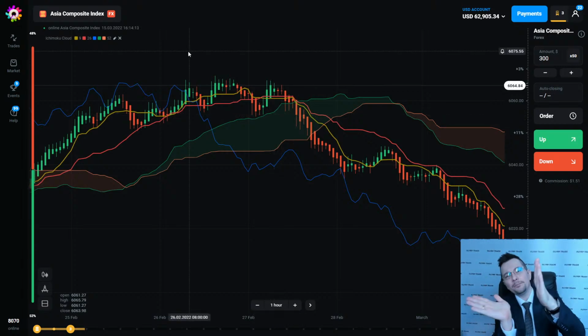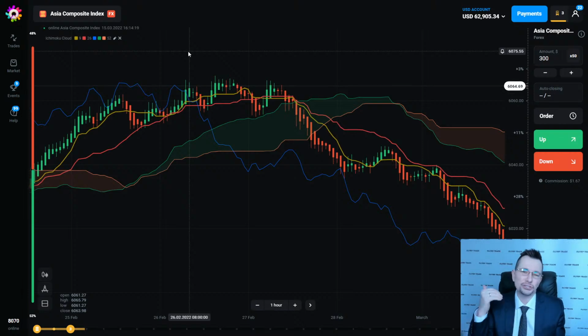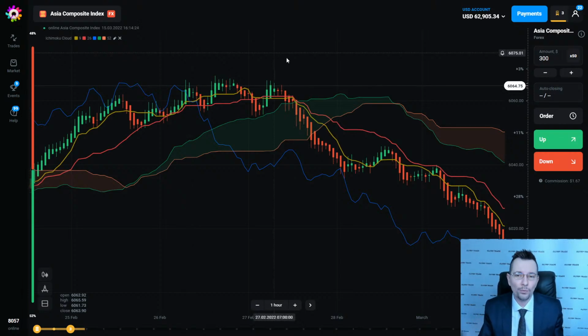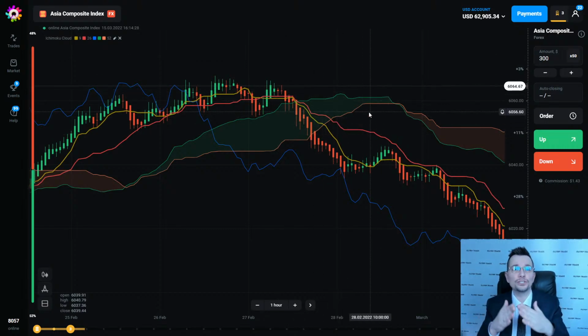If the cloud is getting bigger and the indicator lines that form the cloud, they move away from each other, that's usually a sign that the strength or that the trend is likely to continue. But when the indicator lines, like in this area here, when they're coming closer together, that's a sign that the trend is going to shift, is going to change.